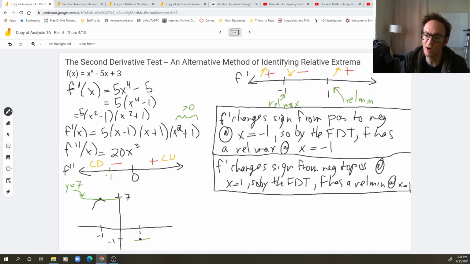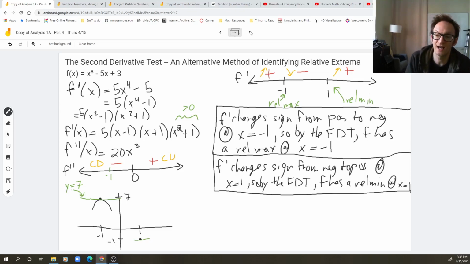Therefore my curve lies below this tangent line, which has y value 7, so the curve is below 7. In other words, there's a relative max here.